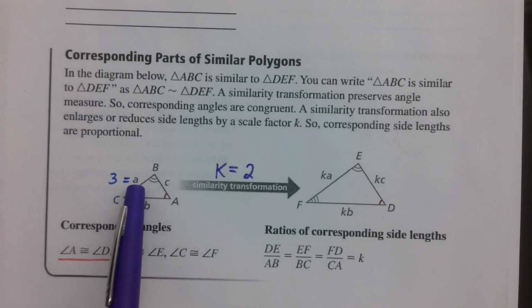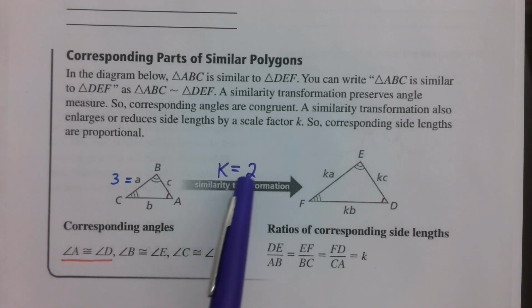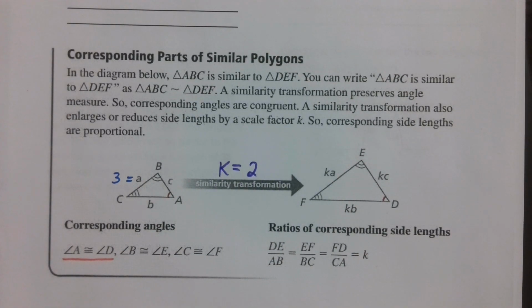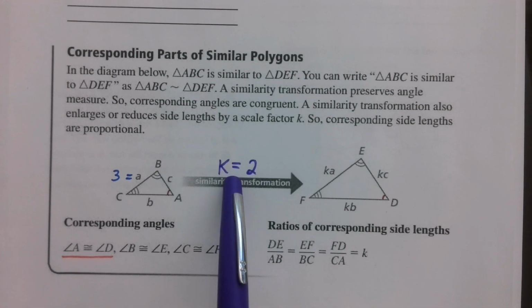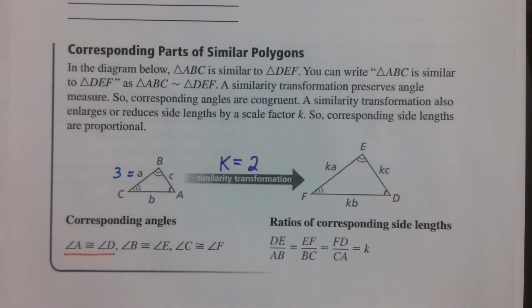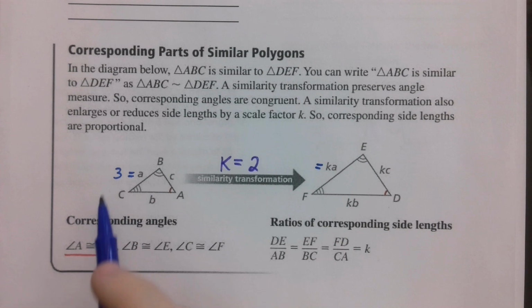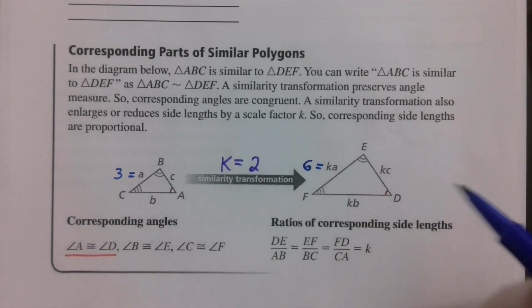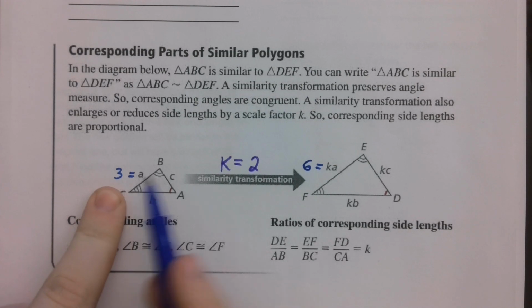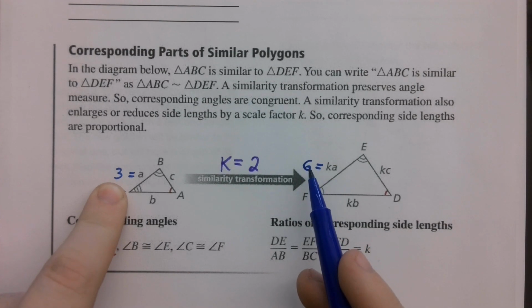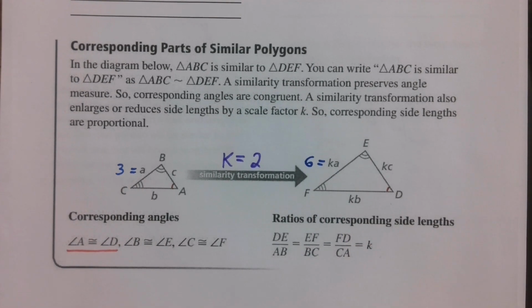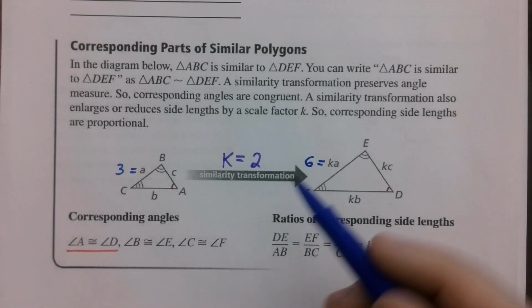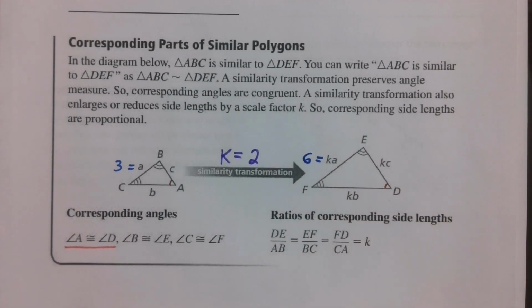To get from the small shape to the large shape, we multiply the side lengths by 2. A times k equals ka. 3 times 2 is 6. Do we see how this side, doubled, makes 6? We can also go backwards: 6 divided by 2 is 3.